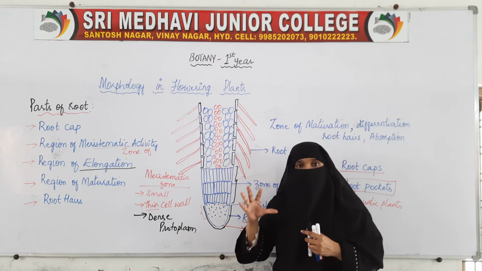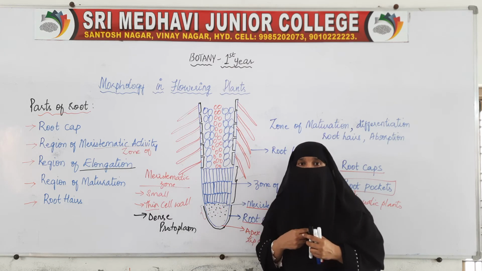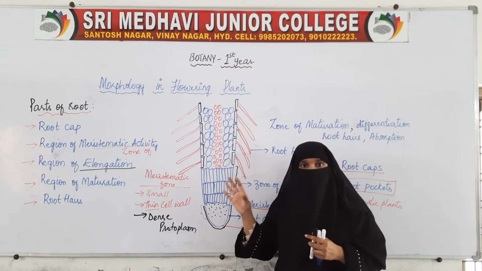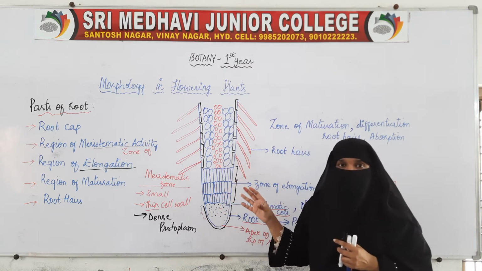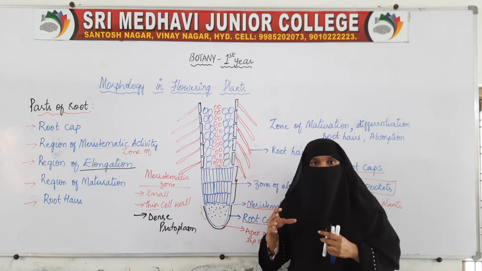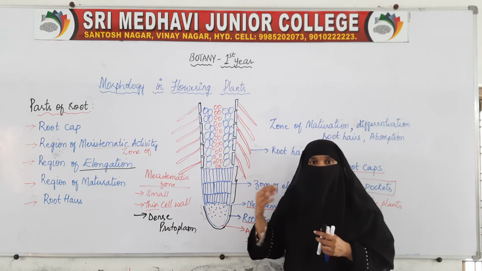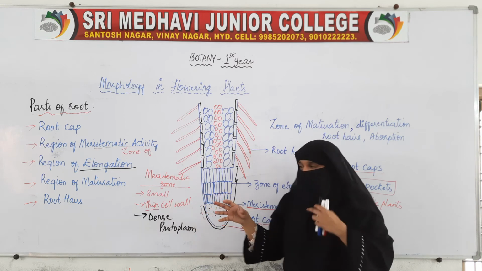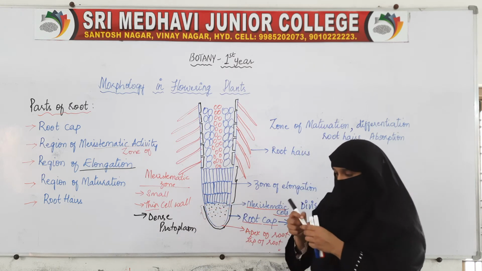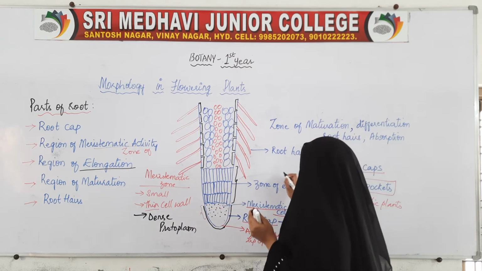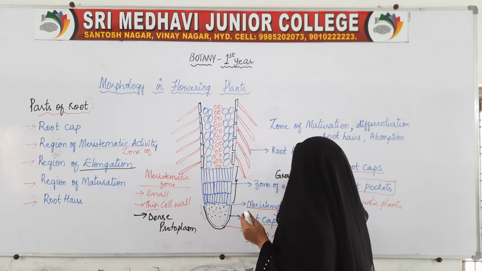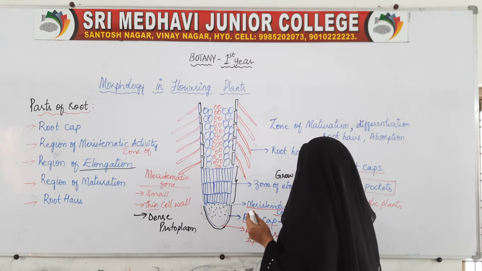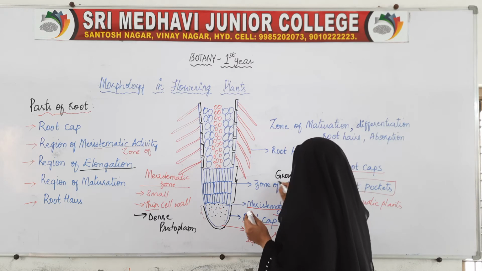The cell will elongate. All the organelles will be properly formed. The cell will grow, that is, it will increase in size. The cell wall will become thick. So in the zone of elongation, the cell will grow, increase in size, and all the organelles will be formed.